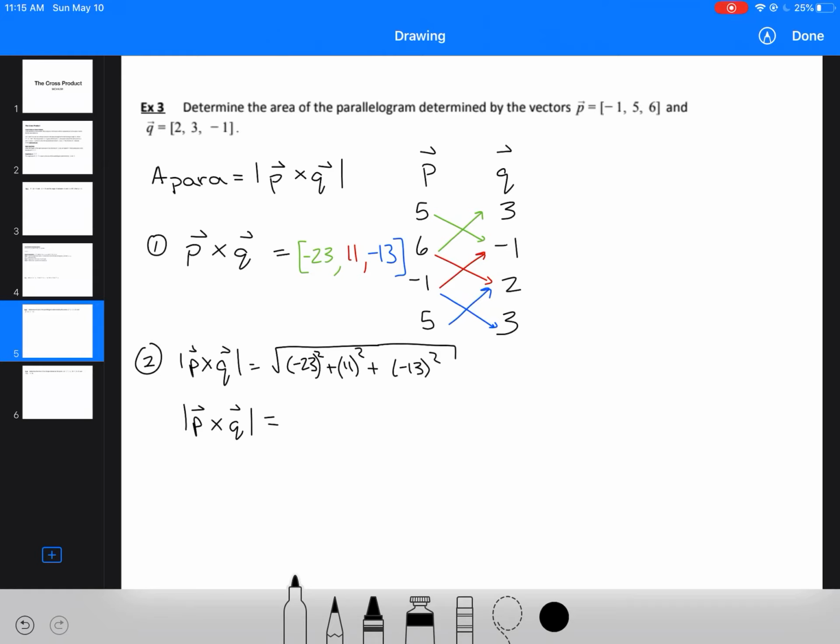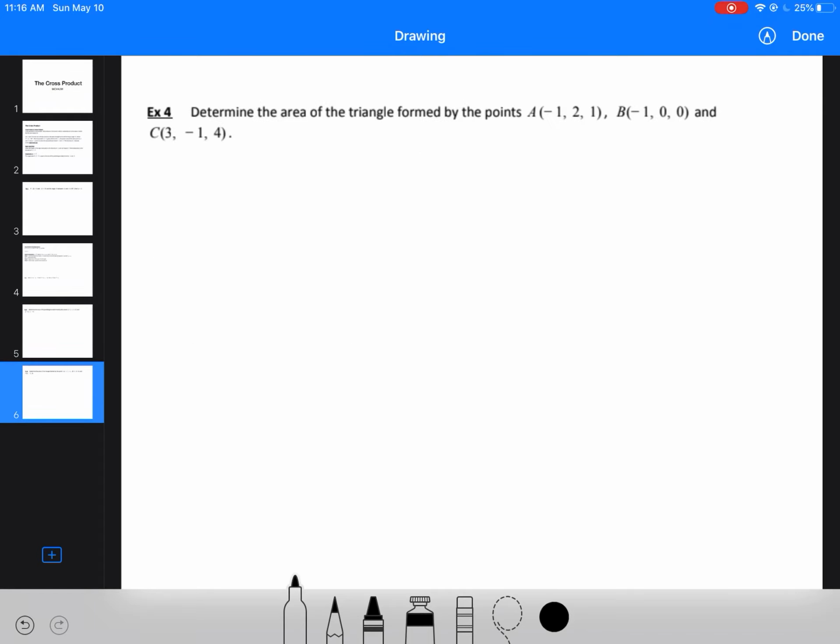And so when you do that, you get the root of 819, which means that our area of the parallelogram is approximately 28.6 units squared.